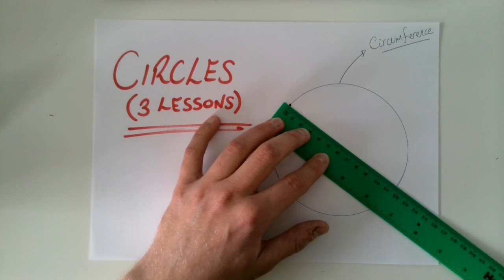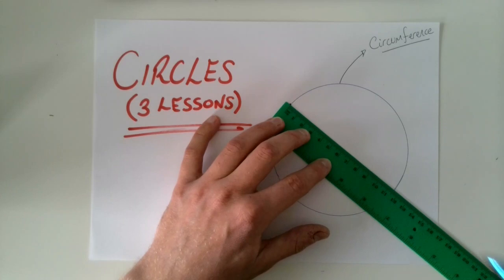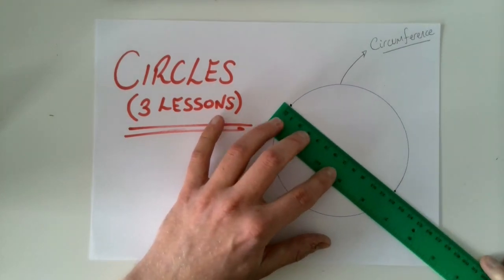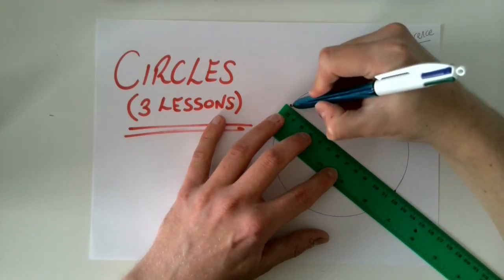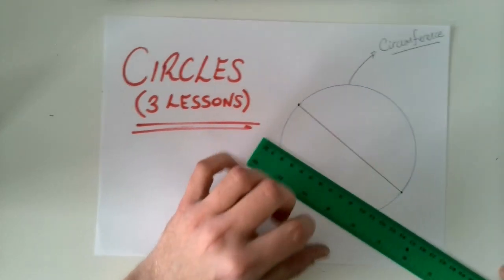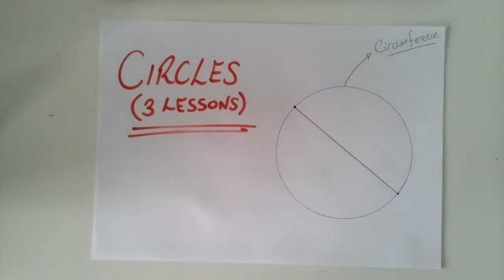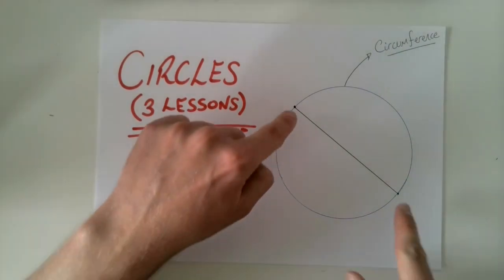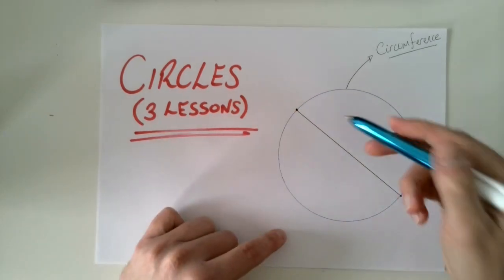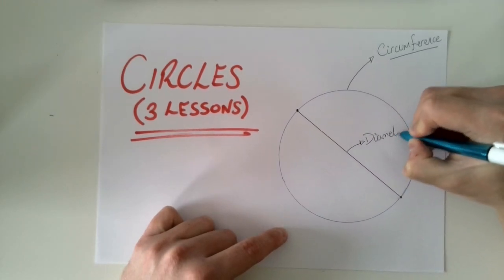So if I move this point around, this point here, if I join these up, that's the furthest line or the longest line I could have drawn. So that's as accurate as I could have been, and I believe that that line goes through the centre point there. Okay, so what you need to do is draw the longest line from one point to the opposite side of the circle, and this is called my diameter.